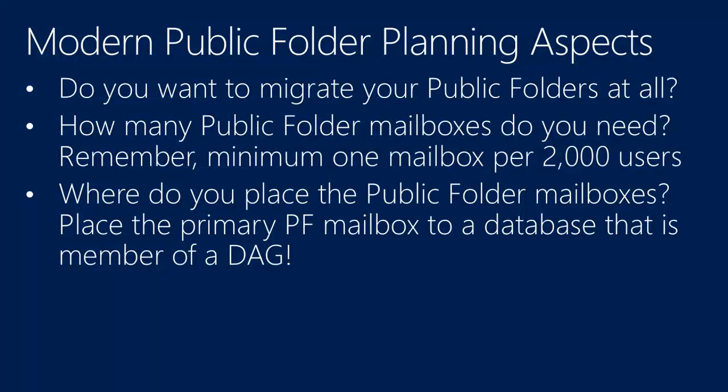Remember, public folder replication is gone, so it must be somewhere central. And the primary public folder mailbox is an important mailbox because it cannot be replaced. If you delete your primary public folder mailbox, your hierarchy is lost. There's right now no way to make a secondary the primary if the primary is lost. So you need to consider that and protect it by using a database copy, please.